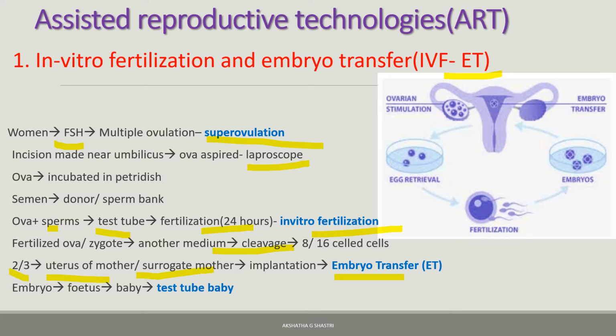If that is not possible, the other 2 will degenerate, and at least 1 will develop. This method of producing a baby in a test tube is known as the test tube baby technique. The baby produced by conceiving in a culture dish and nursing in the uterus is called a test tube baby.